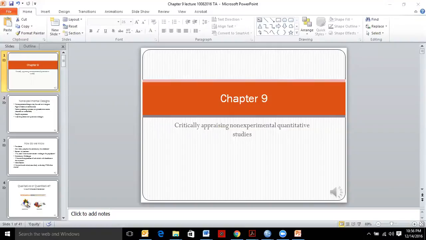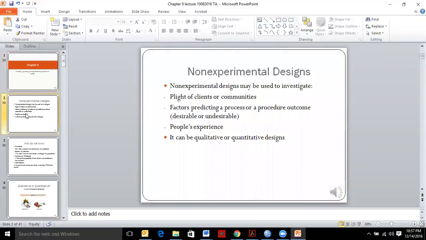I'll be talking to you today about non-experimental quantitative design studies, and we'll try in this lecture to critically appraise this type of studies. Non-experimental designs may be used to investigate plight of clients or communities, and also to look at factors predicting process or procedure outcome, whether they are desirable or undesirable.